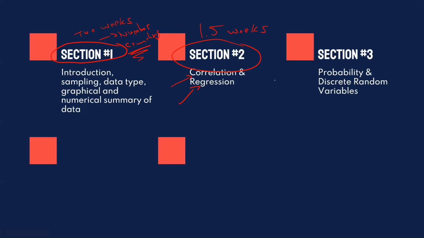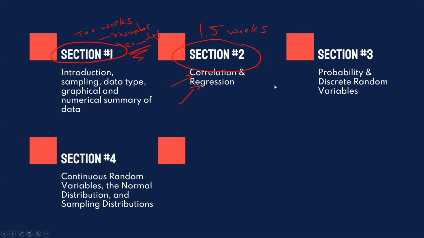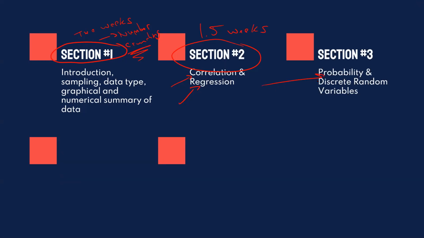We'll spend another couple weeks in this section. I love teaching this section, specifically probability. I used to live in Las Vegas, so just the applications of probability, especially as it relates to casino games, is really, really fun to talk about.